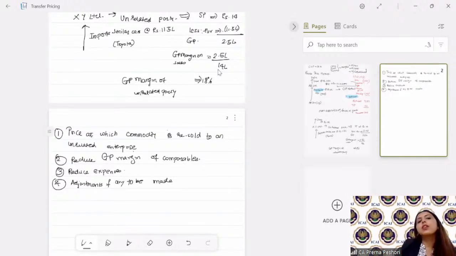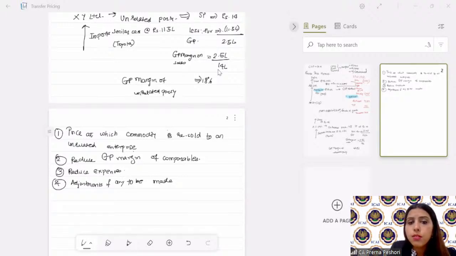This will give you the arm's length price as per the resale price method. Are we clear? Noted, Vidula, sorry. Are we clear? How do we apply the resale price method? Clear about it?